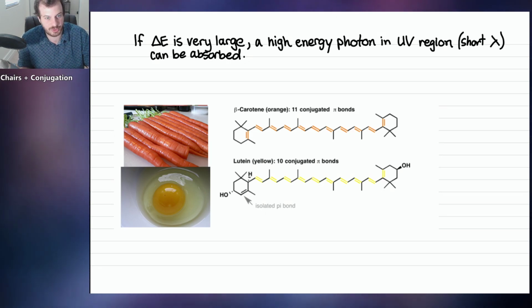This situation happens when there is little to no conjugation. That's because the more conjugation you have, the smaller the delta E gap becomes.